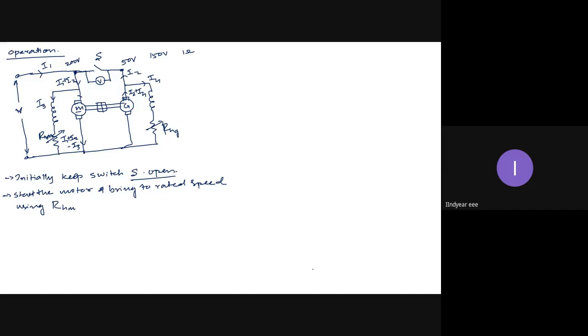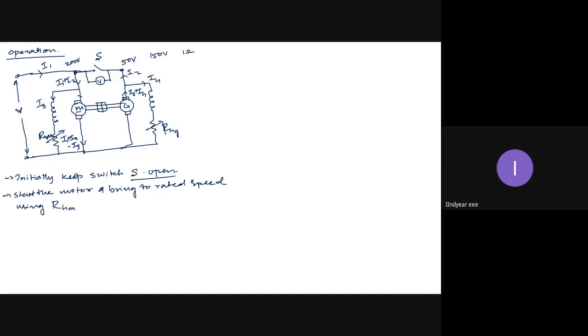Once you make the motor run at rated speed, observe the value of this voltmeter which is connected across the switch. If this voltmeter is showing 0 volts, then it indicates that motor and generator are at equal voltages at their terminals. If this voltmeter is showing some value, then that is the potential difference between motor and generator terminals, which should not exist.